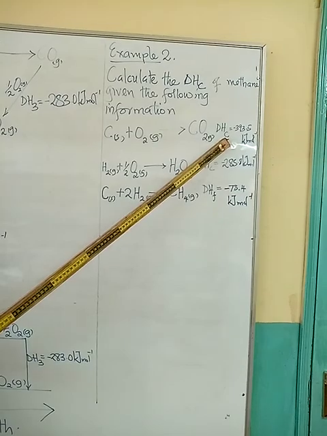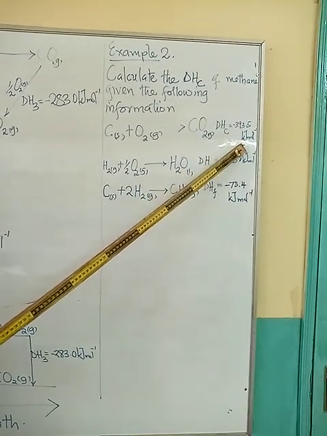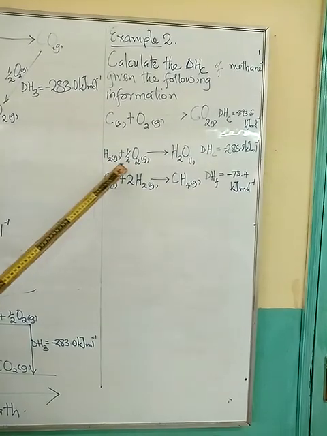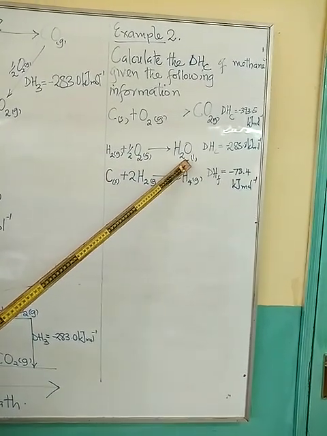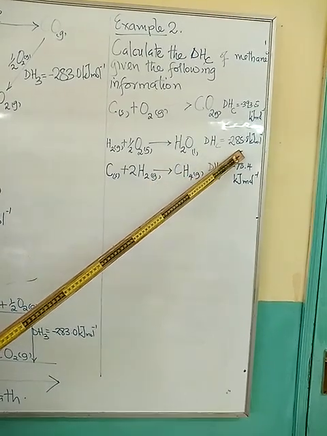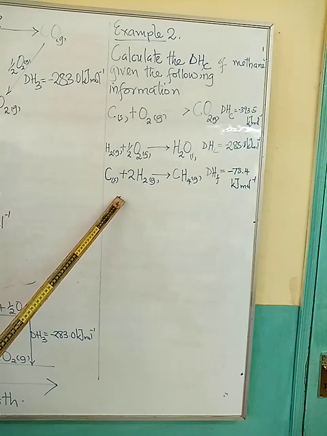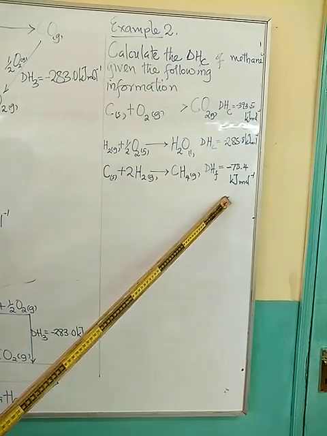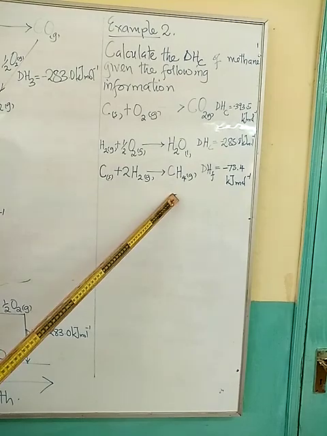The enthalpy of combustion of carbon there is given as minus 393.3 kilojoules per mole. When hydrogen undergoes combustion in air, it forms 1 mole of water. The enthalpy of combustion is given. Therefore, you are to find the enthalpy change for the formation of methane.